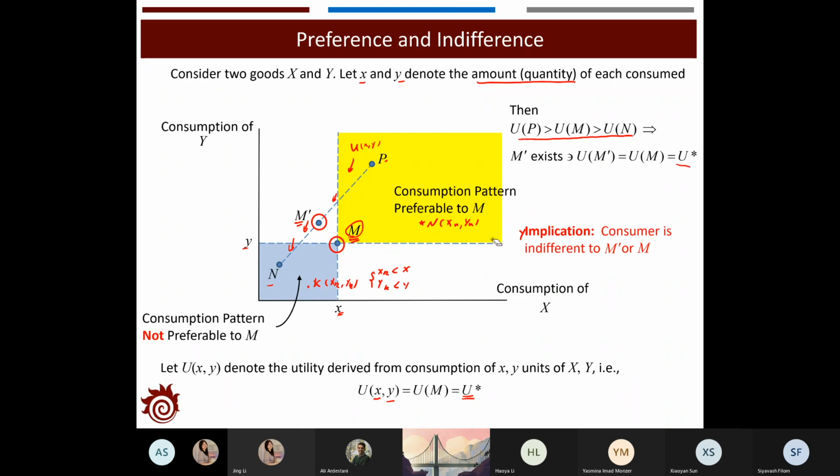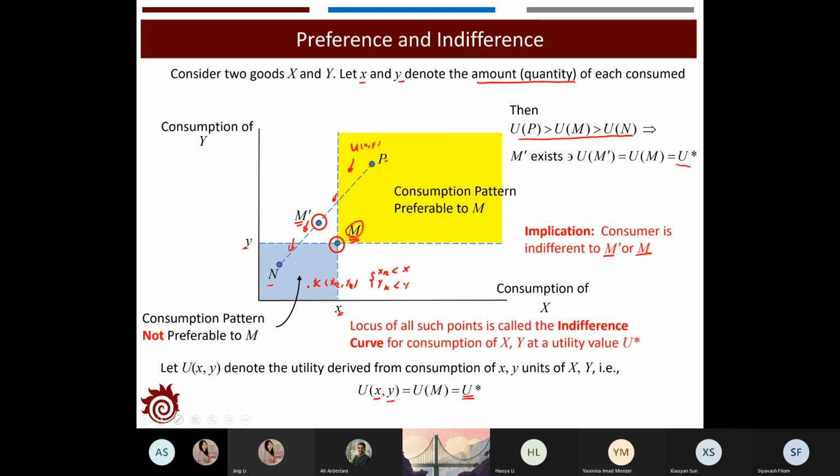And in that case, we will say that for that specific consumer, there isn't any difference between M prime and M. So the utility for these two points is the same to that consumer. And of course, if we check the other possible solutions, you can find a lot of different points, similar points to M prime.